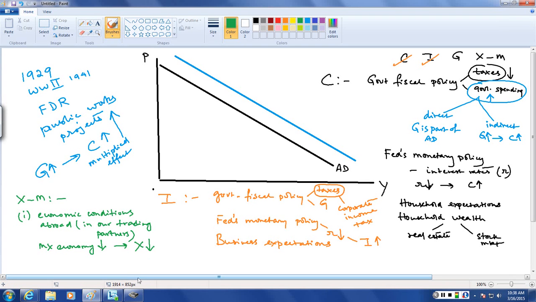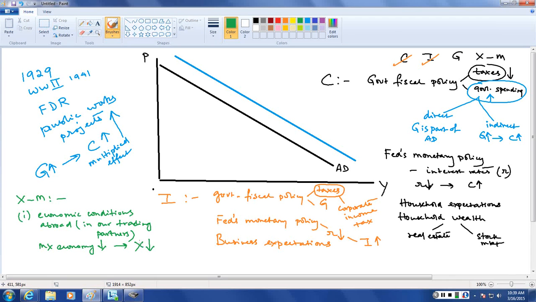Is that correct? So when economic conditions in Mexico sour, if they become bad, then our exports to Mexico will reduce, clearly, because they will have less money to buy our goods. There'll be less Mexican shoppers crossing the border, for instance, and shopping here in our malls and so on. Correct?